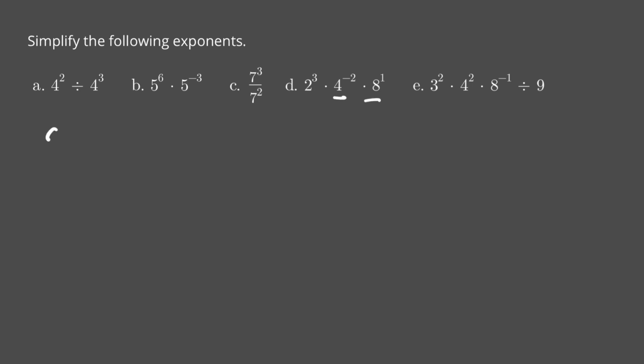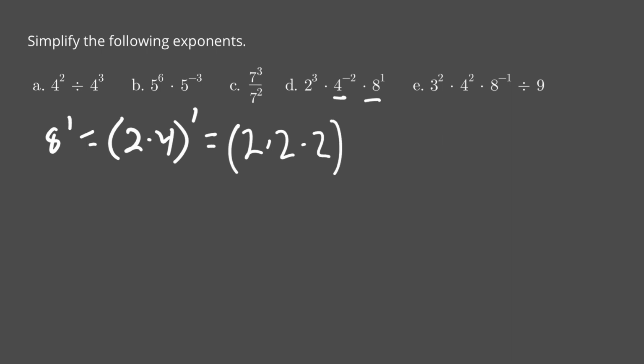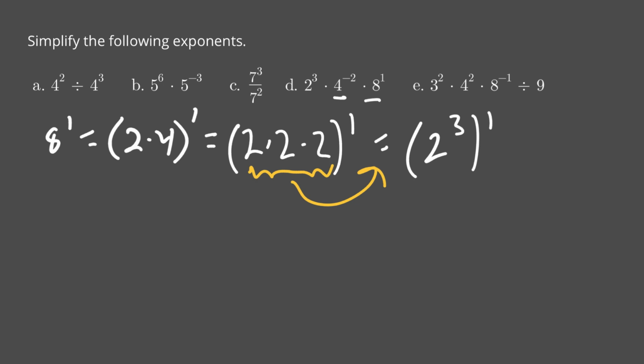If we have 8 to power 1, we can rewrite that as 2 times 4 all to the power of 1, and we will rewrite that one more time as 2 times 2 times 2, still all to the power of 1. Now you see in here that you have 2 times 2 times 2, 3 times, so that becomes 2 to the power of 3, and of course we still have that power 1 on the outside of the parentheses.